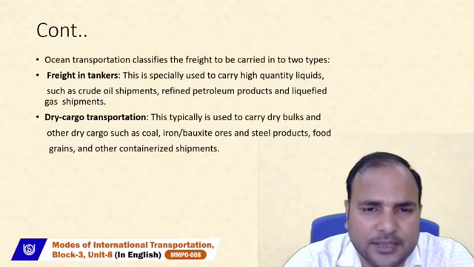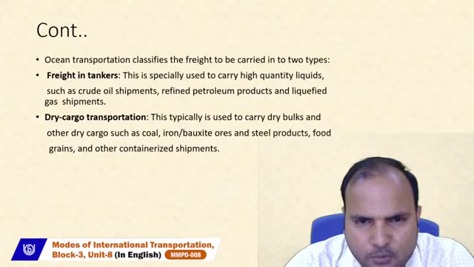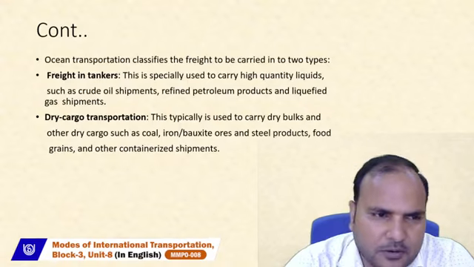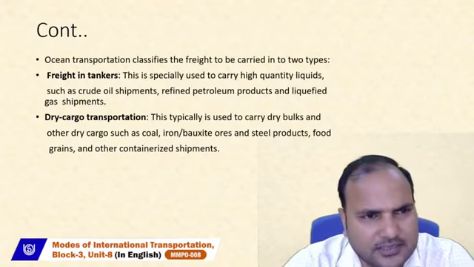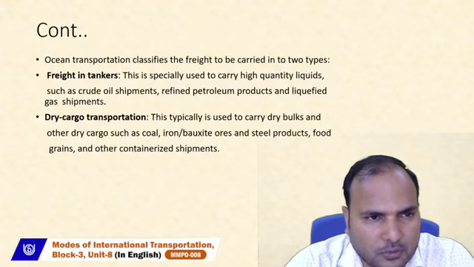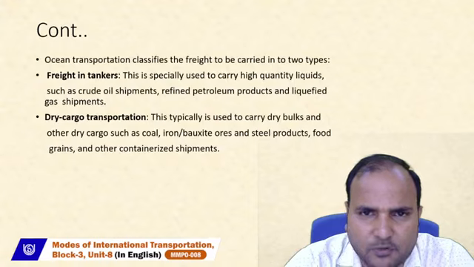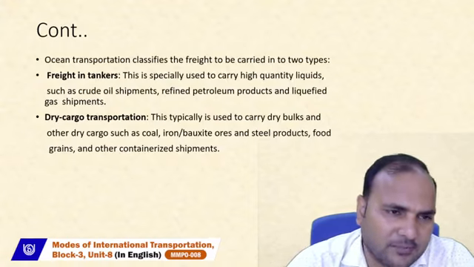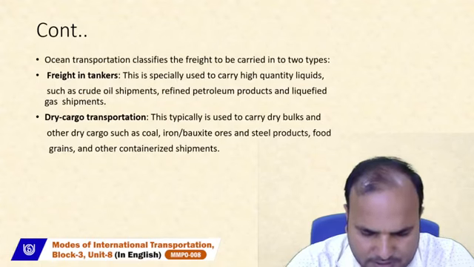Typically, this is used to carry dry bulks and other dry cargo such as coal, iron, bauxite ores, steel products, food grains, and other containerized shipments. So ocean transport classifies the freight into two types: freight in tankers and dry cargo transportation.